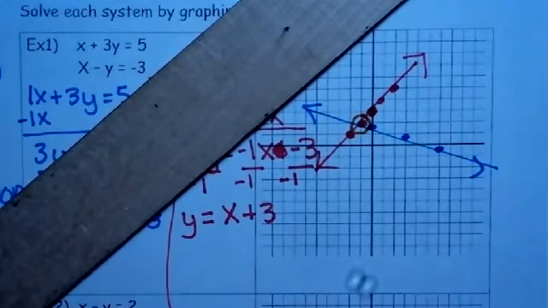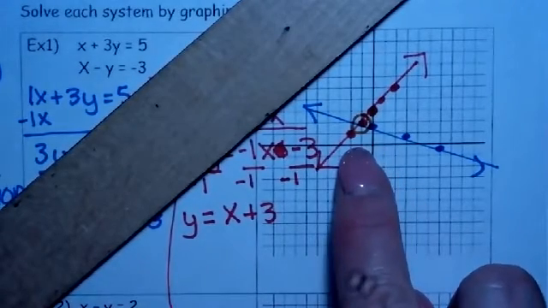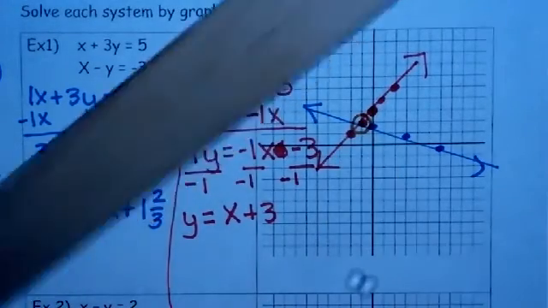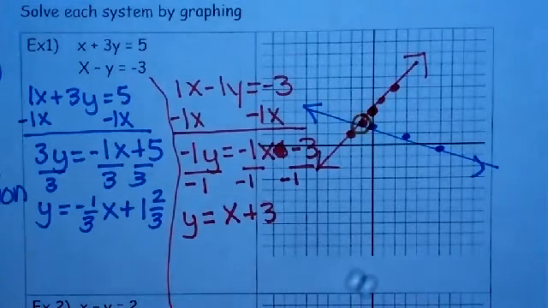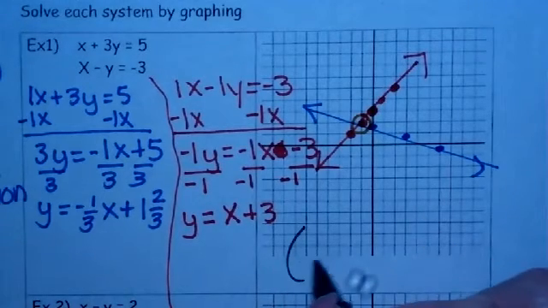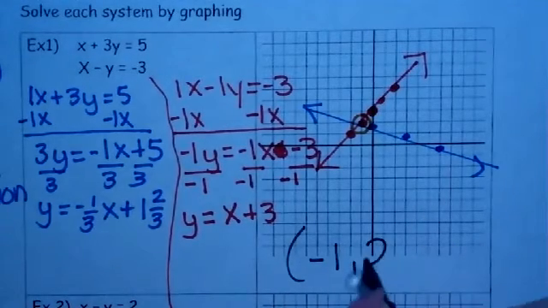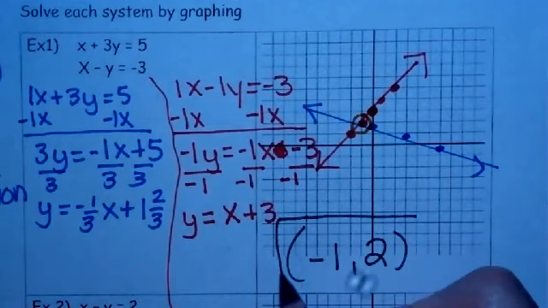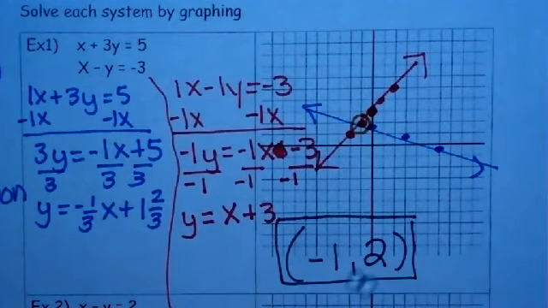Okay, and if I look at that ordered pair, that's -1, +2. So I would say that the answer to this system is -1, +2, and I'm done.